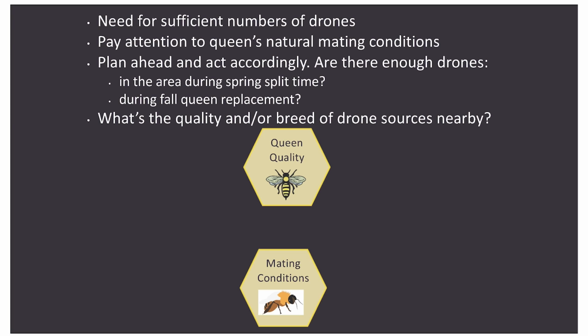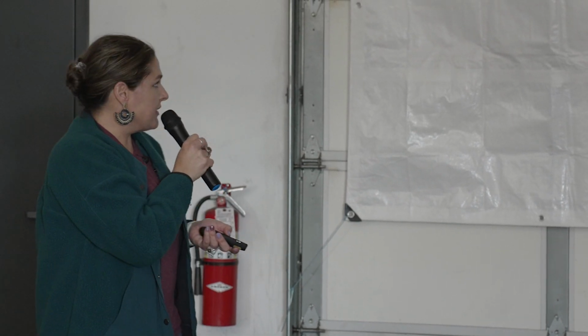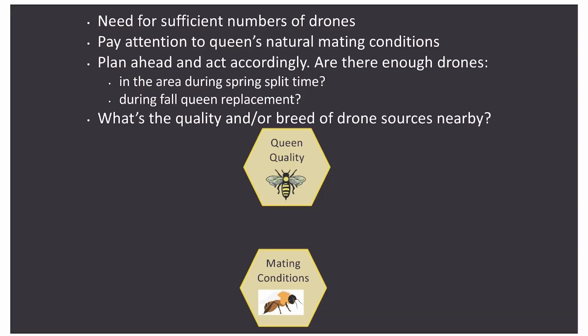So we need to avoid inbreeding, and that means that you need to have sufficient numbers of drones in the mating area, and the mating conditions need to be looked at. So pay attention to the queen's natural mating conditions, especially during this time of year, the beginning of our mating season, when you may or may not have drones in your colonies.